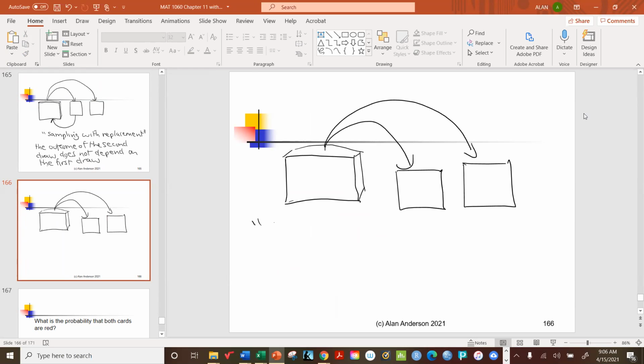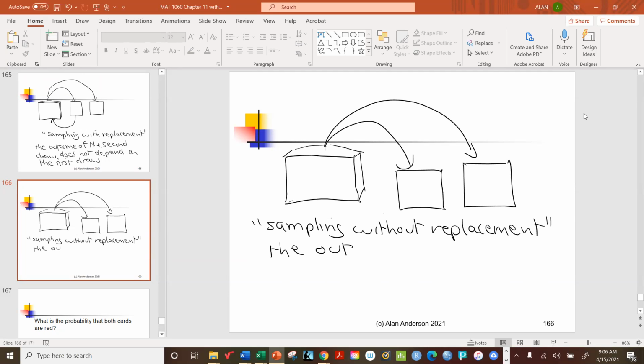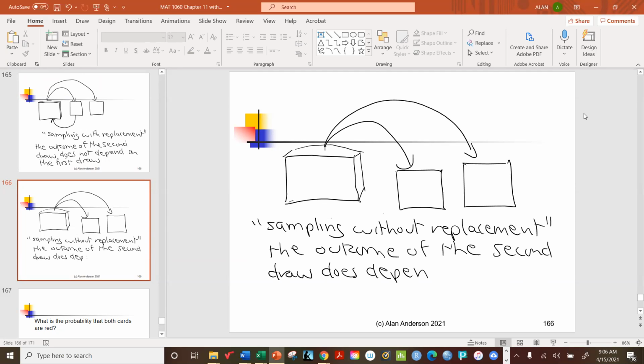This is called, as you can probably guess, sampling without replacement. And therefore, the outcome of the second card draw does depend on the first draw.